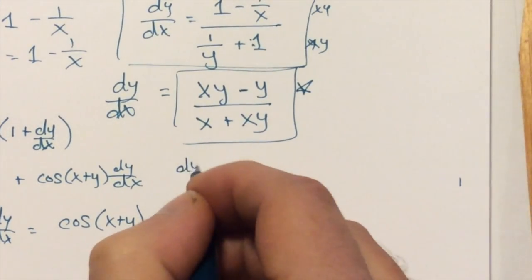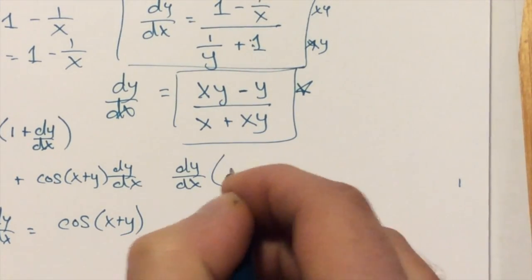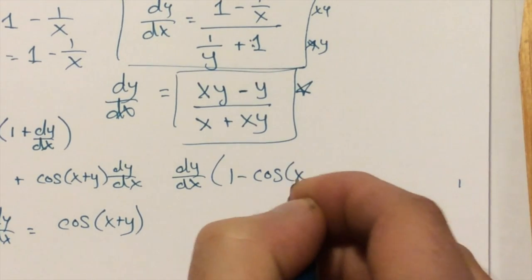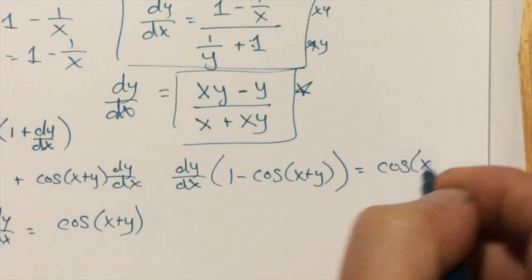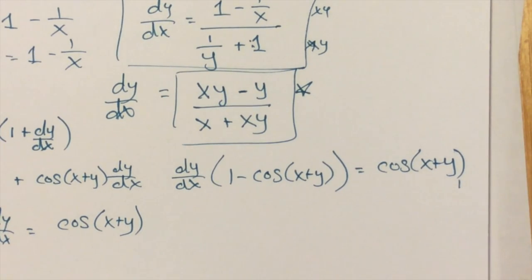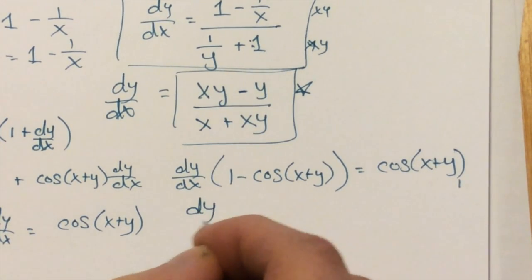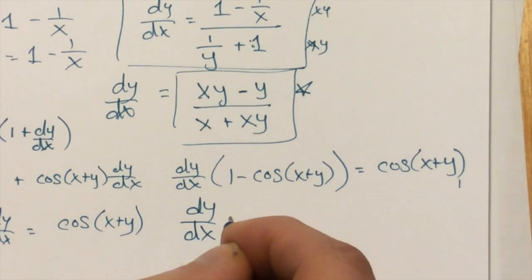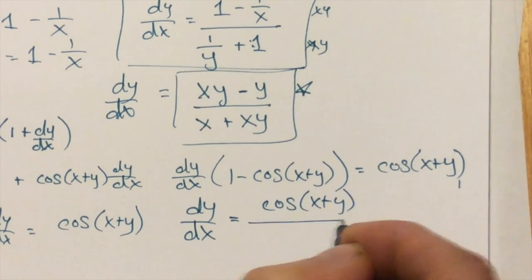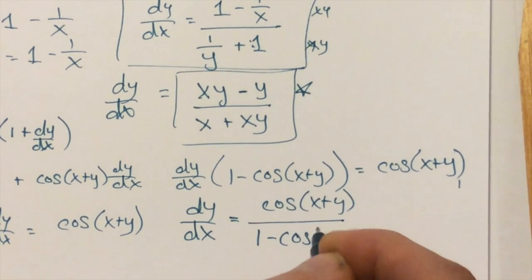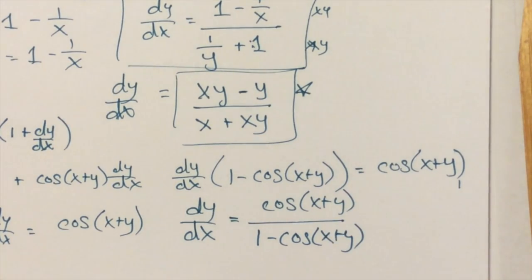So I have dy dx times 1 minus cosine x plus y equals cosine x plus y. Last bit, divide both sides, so I have dy dx equals cosine x plus y over 1 minus cosine x plus y.